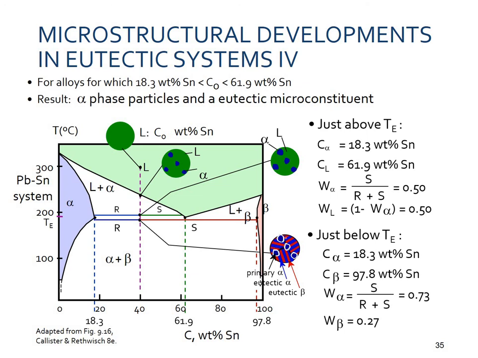So this part is called the primary alpha, or you can say the pro-eutectic alpha region, because this region was formed earlier in this liquid plus alpha region. So this would remain. This is called the pro-eutectic alpha region, or the primary eutectic region. Okay.